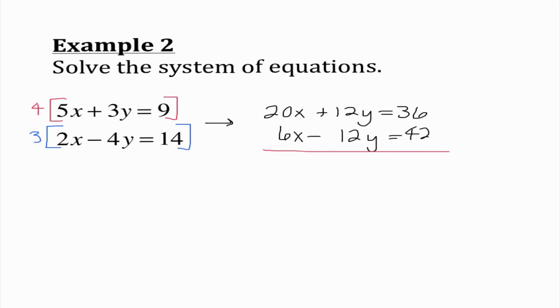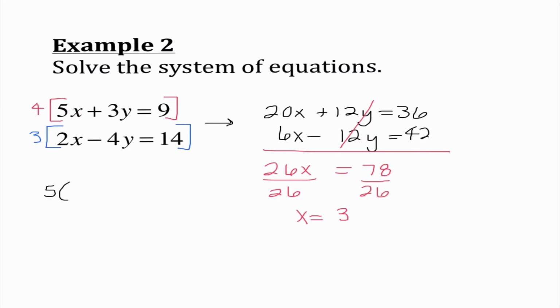Now I'm going to add these together, and I would get 26x, my y's cancel out, equals 78. When I divide both sides by 26, 78 divided by 26 is actually 3. Now that I have my x value, I can substitute into either one of these to solve for y. I'm just going to use the first equation.